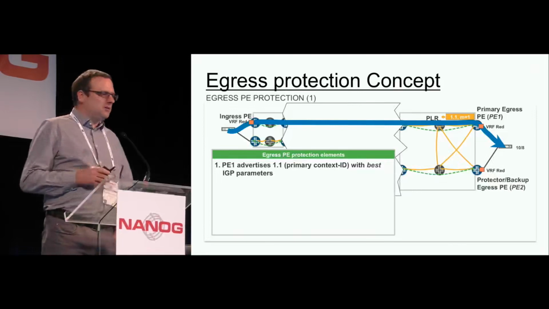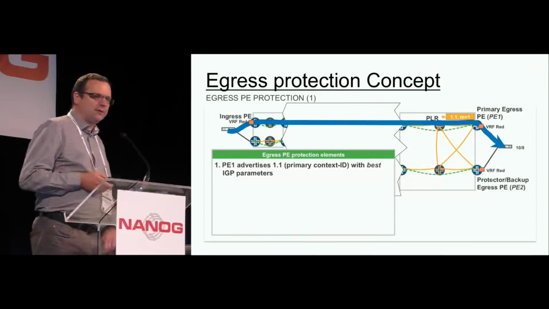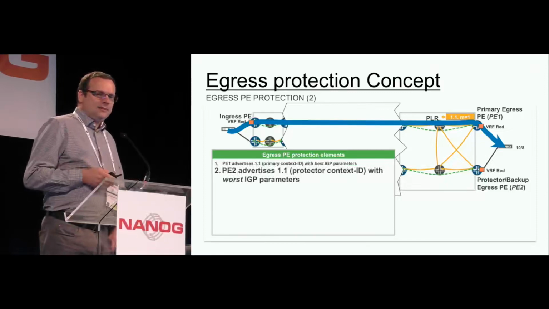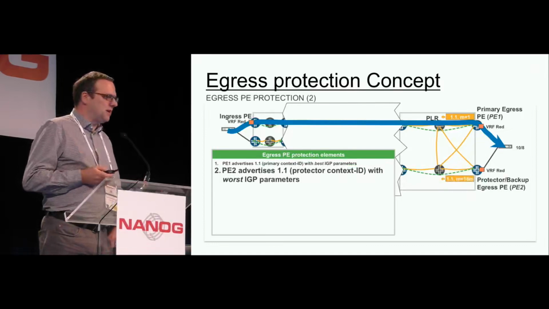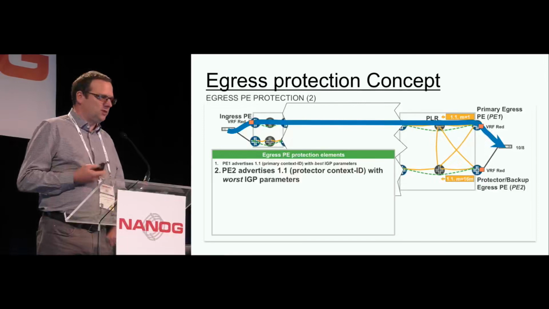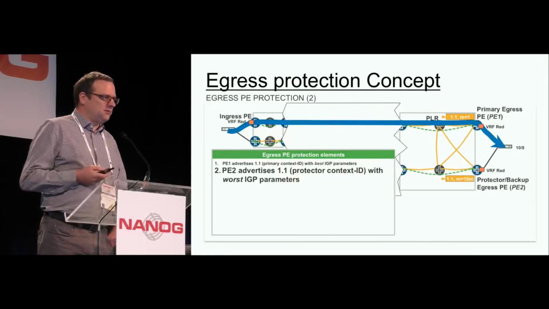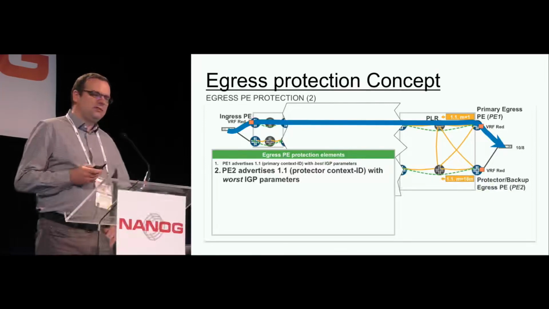For example, this is my context ID 1.1 with metric 1, so a low metric. At the same time, the backup egress PE, or protector, advertises the same prefix, injecting the same information but with bad IGP characteristics. For example, here it could be a high metric. As I mentioned, there are a couple of ways to do that, but this is an example.